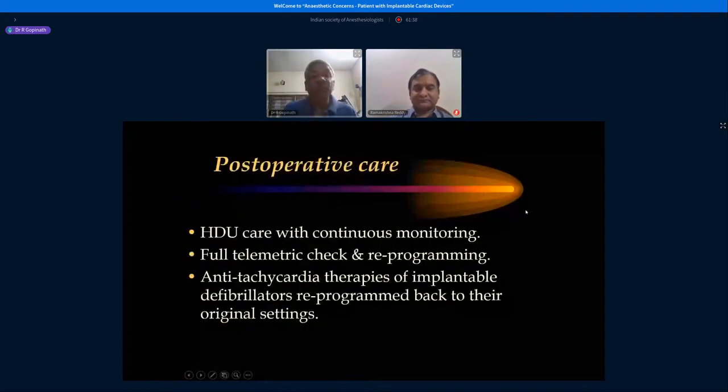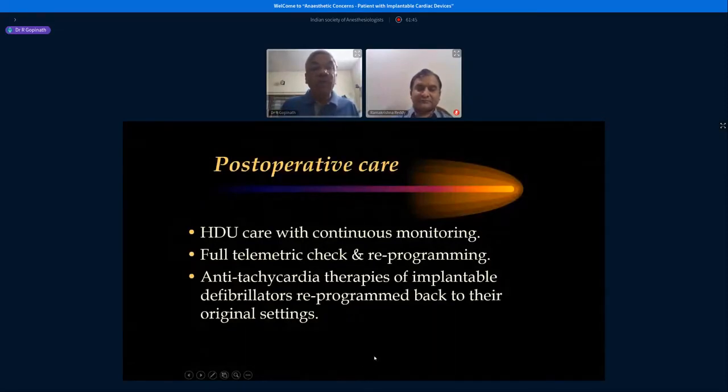So what do you do with these patients after they have anesthesia? Post-operative care is very important. They should have continuous monitoring in a high dependency unit, and they should undergo a full telemetric check and reprogramming, if you have programmed it by telemetry or disabled all the anti-tachycardia functions based on the requirements of the surgery.